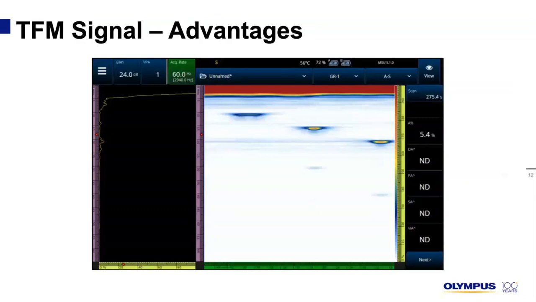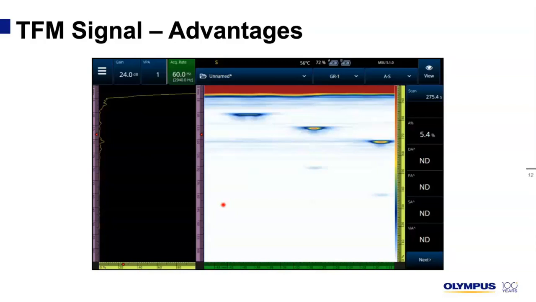If we put them side by side, here's an example of a phase array linear scan and the response of 1.5 millimeter side drill holes over a depth range of about 60 millimeters. The probe used in this example was a 5 megahertz, 0.6 millimeter pitch, and it was in direct contact with the block.